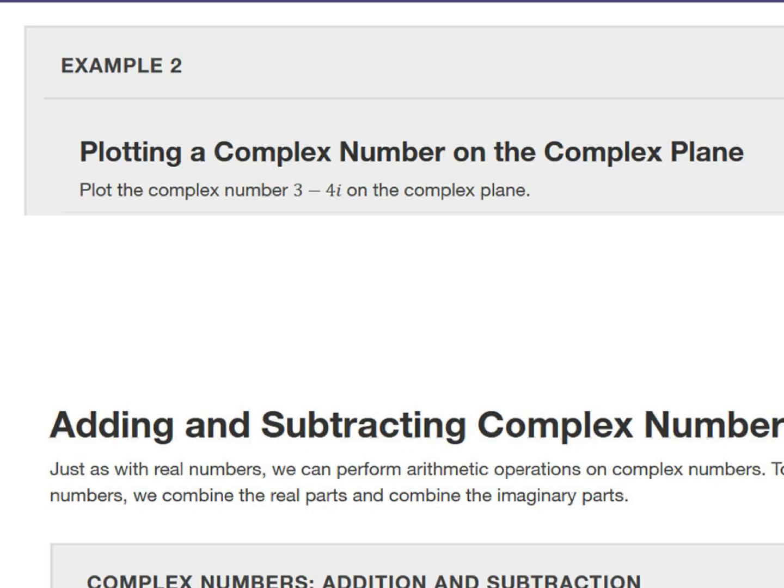We're just going to do the point. We're not going to graph a line. So here is my real number part. Here's my imaginary part. But the imaginary part is negative.